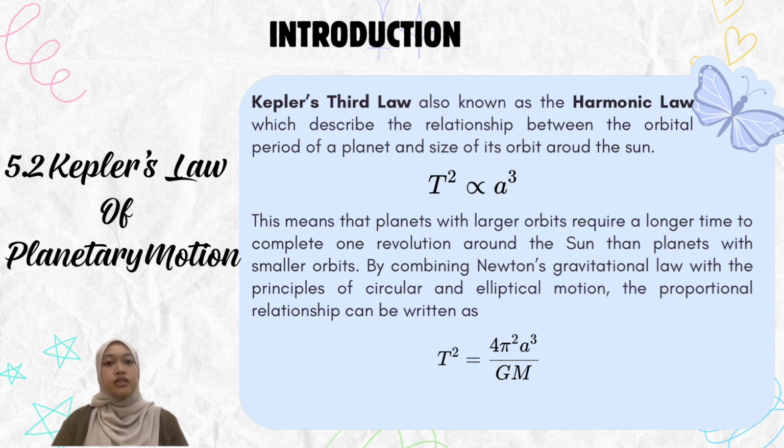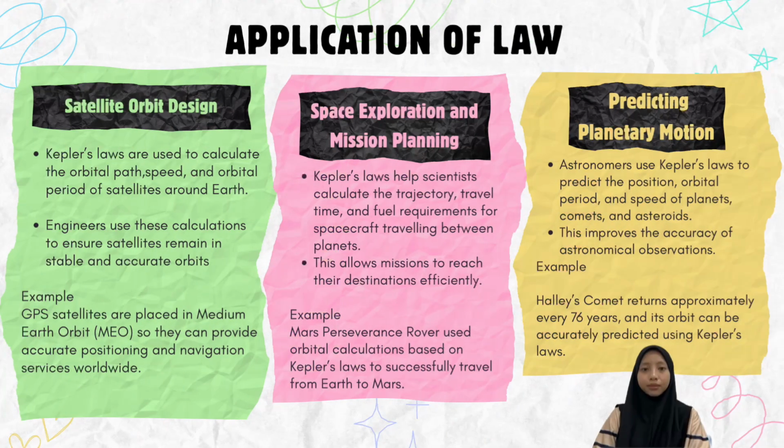This equation provides an exact mathematical relationship that allows the orbital period of planets, moons, and artificial satellites to be calculated accurately. Now, let's look at the application of Kepler's law of planetary motion.